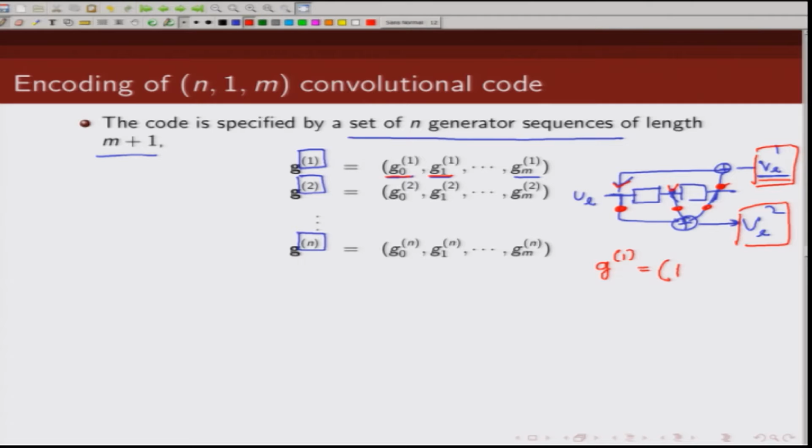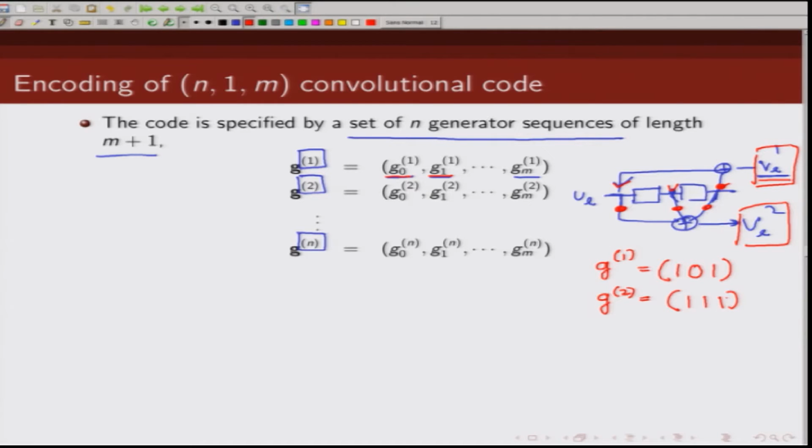Is ul minus 1 participating in the output sequence vl1? No. So, then this will be 0. What about ul minus 2? It is participating in the output sequence, so it will be 1. So, G1 is 1 0 1. Similarly, G2 will be 1 1 1, because ul, ul minus 1 and ul minus 2 are all participating in the output coded sequence. Okay.